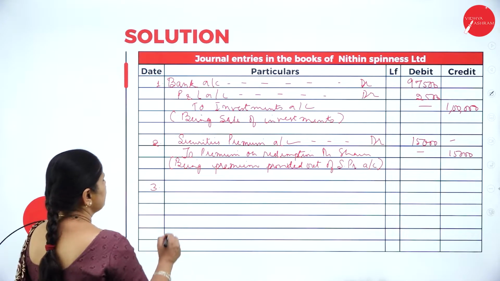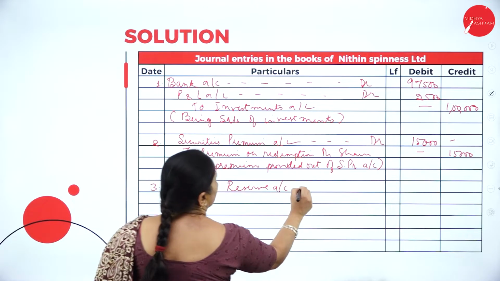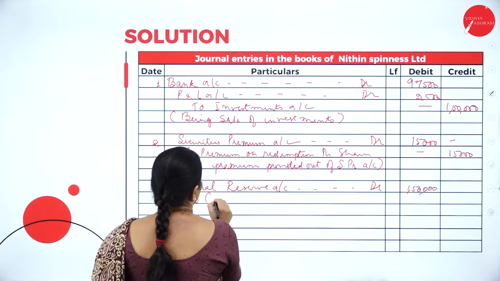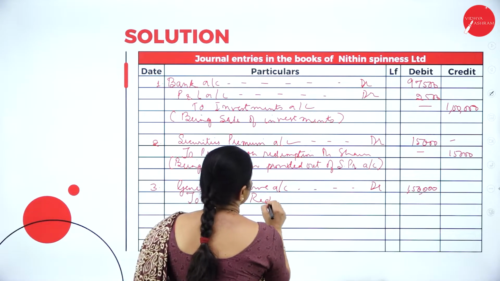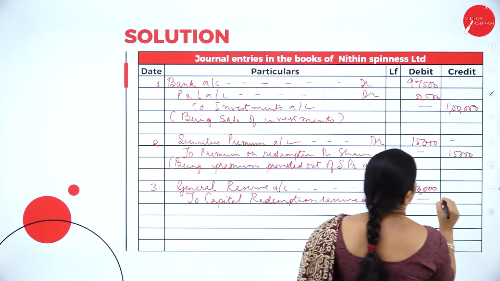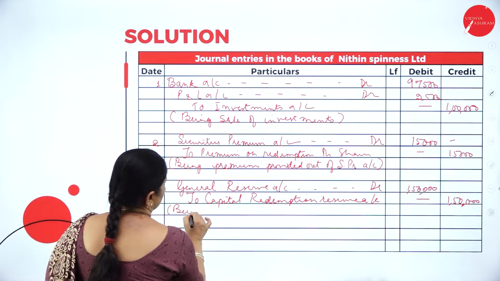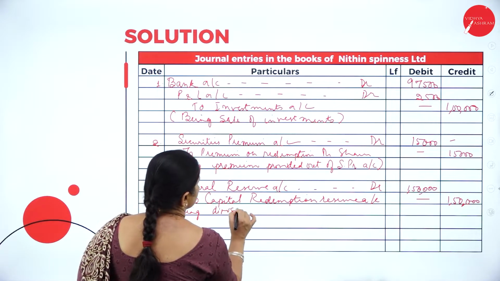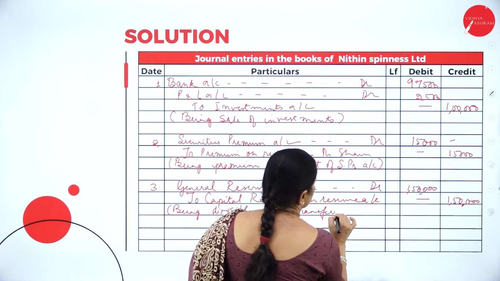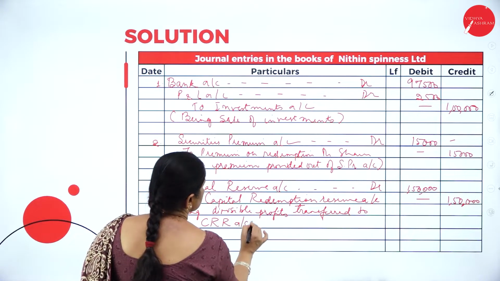So I will transfer general reserve account debtor 1,50,000 to capital redemption reserve account 1,50,000, being divisible profits transferred to CRR account, Capital Redemption Reserve Account.